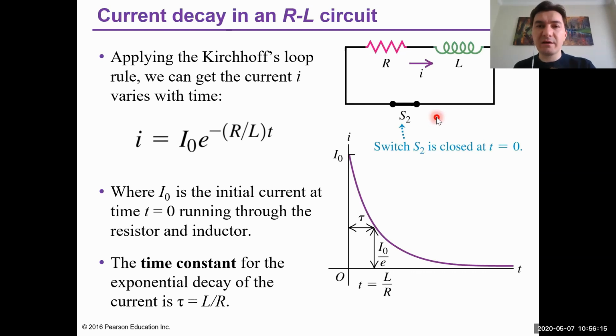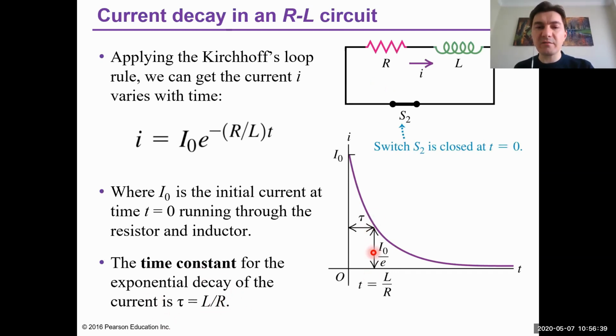So at the beginning we have maximum current, then the current decreases with time with that expression, because the energy is dissipated in the resistor. So we have the time constant here.